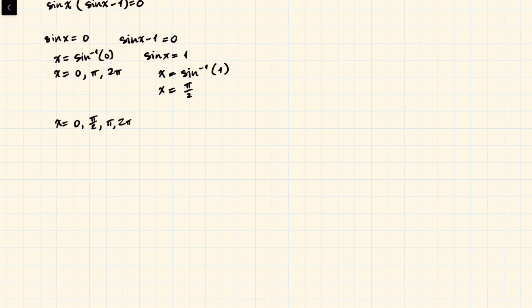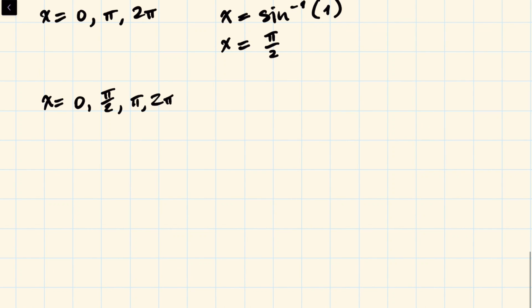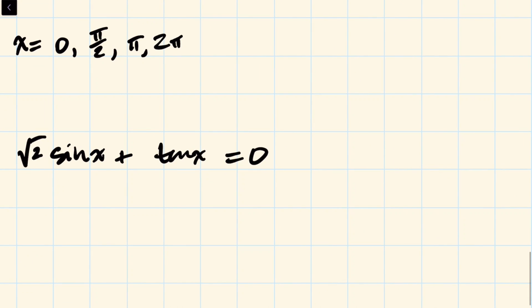Another thing you will probably be required to do is proving trigonometric identities, right? But actually, before I get to that, I'm gonna do one more here. Just one more. Okay. So we will do root 2 sine x plus tangent of x equals 0.